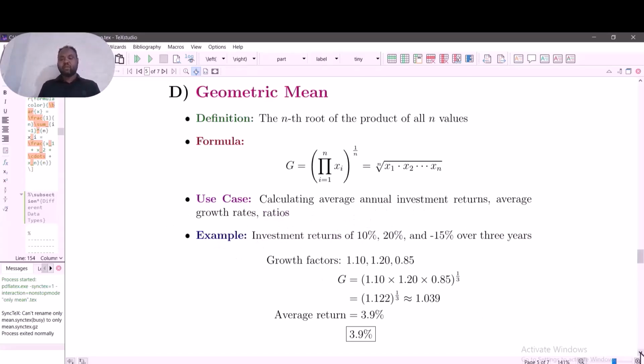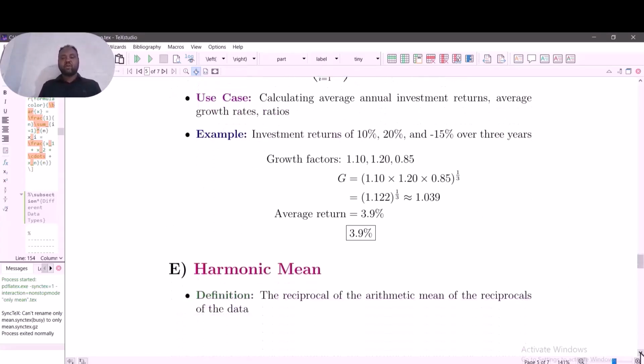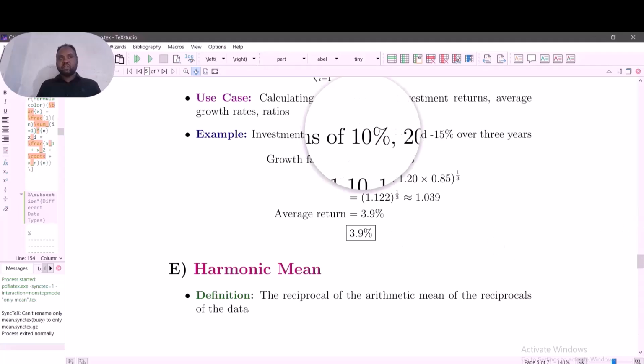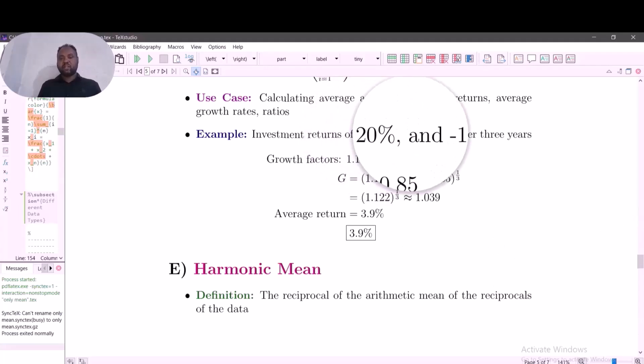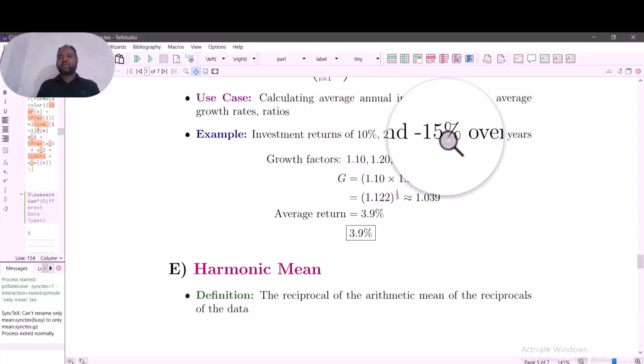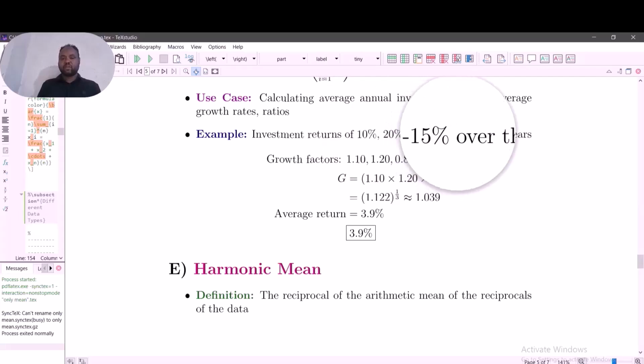For example, let's consider this data on investment returns over 3 consecutive years. The investment return in the first year was 10%, in the second year 20%, and in the third year negative 15%. So how can we obtain the average investment return over all these 3 years?